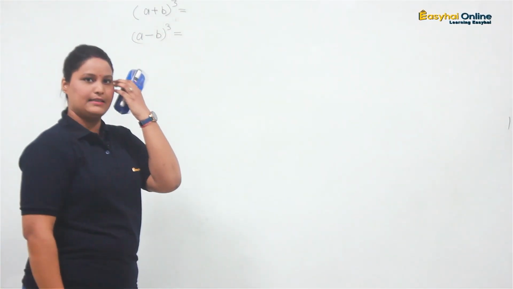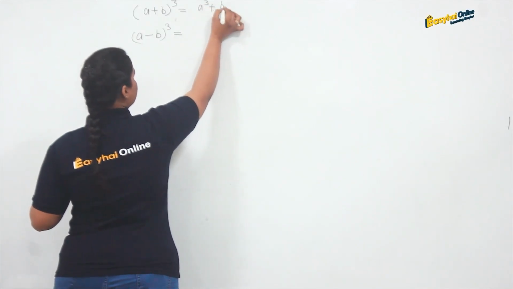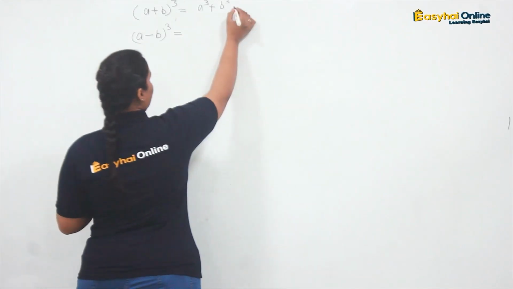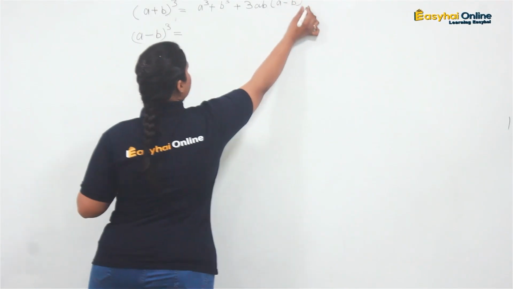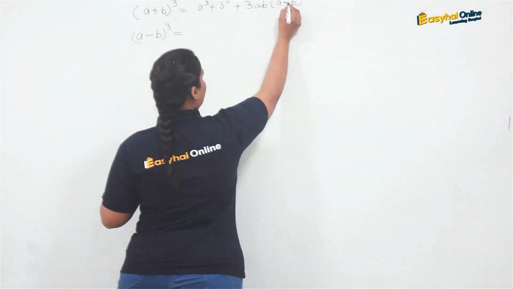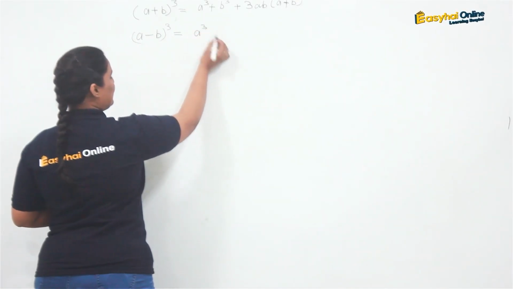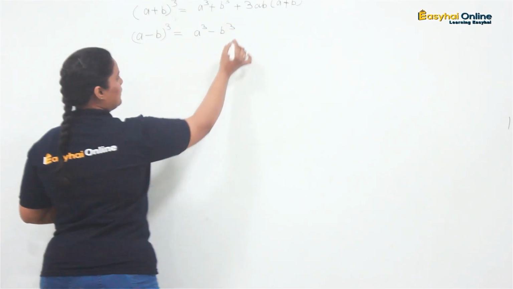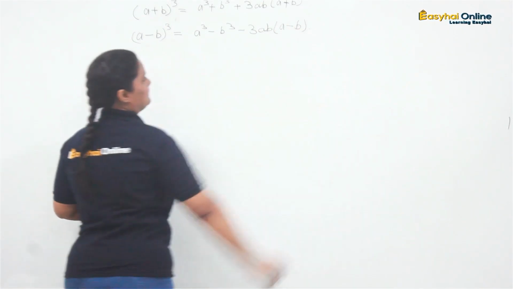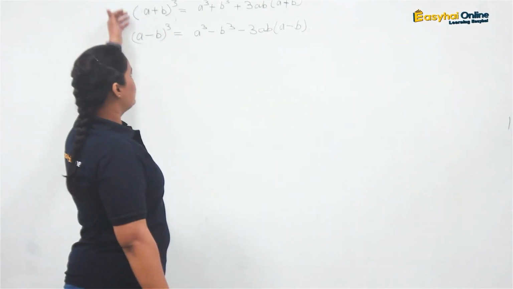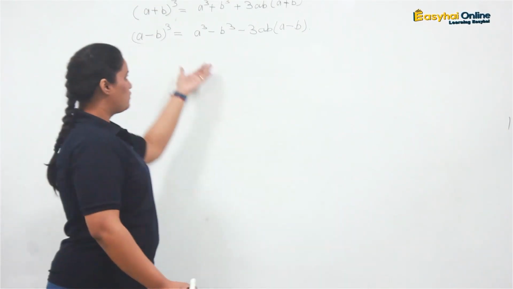Okay, I will write both identities. Now, a cube plus b cube plus 3ab(a plus b), I'm sorry, a plus b. Okay, in the case of a minus b, it will be a cube minus b cube minus 3ab(a minus b). Okay, these will be your identities. And 2 types of questions can be made through these identities.